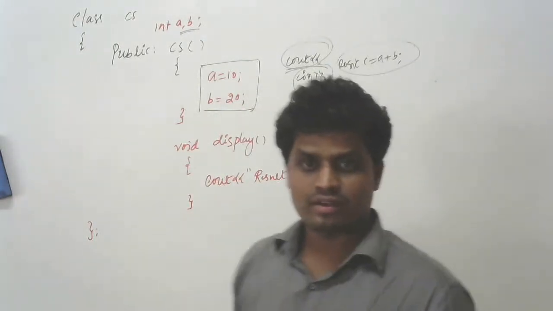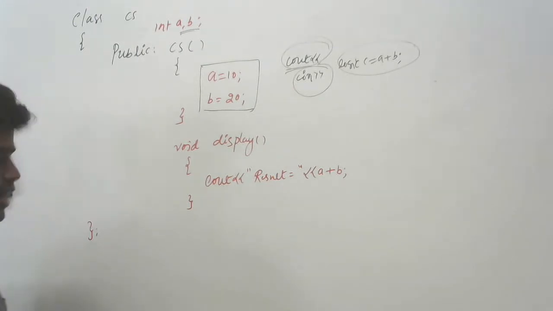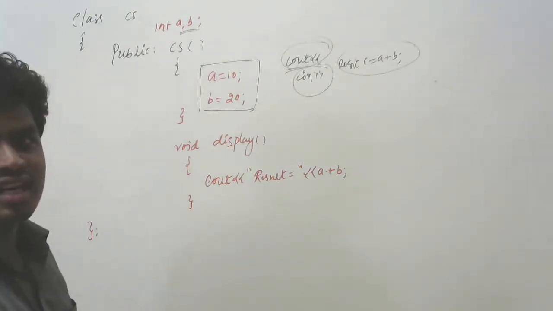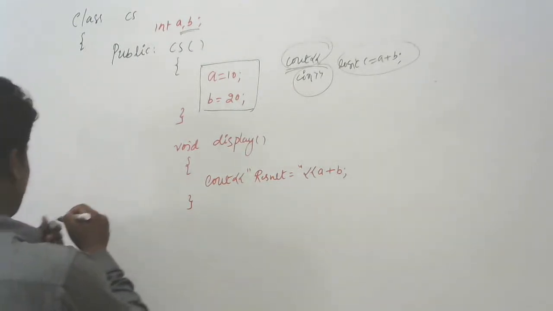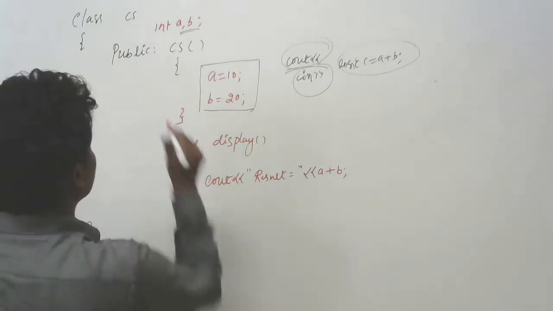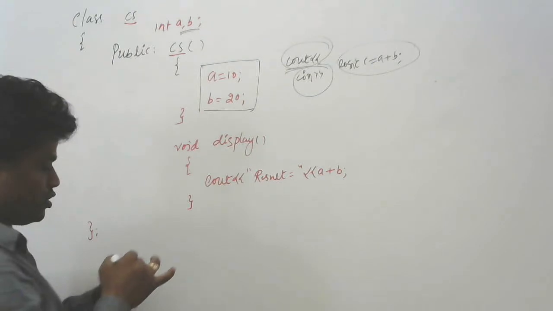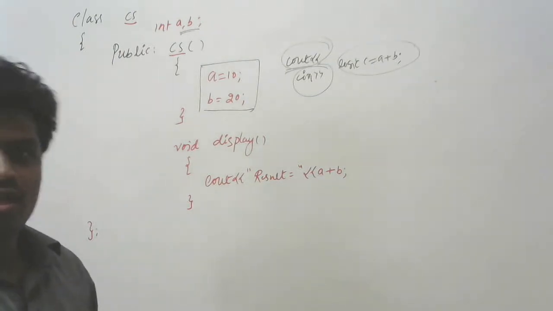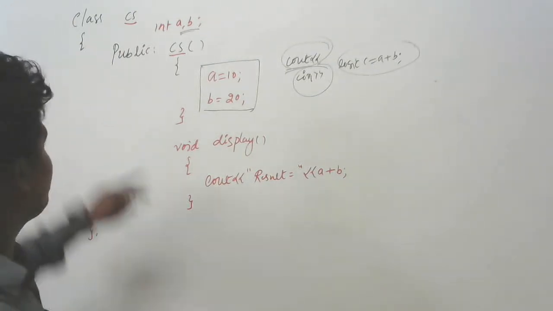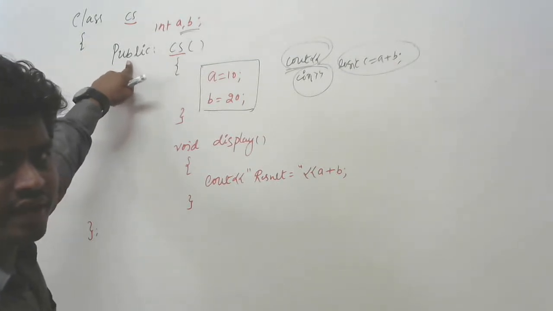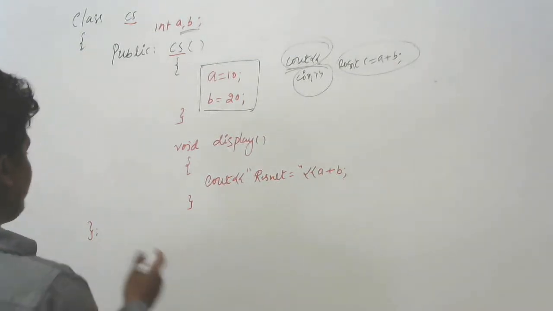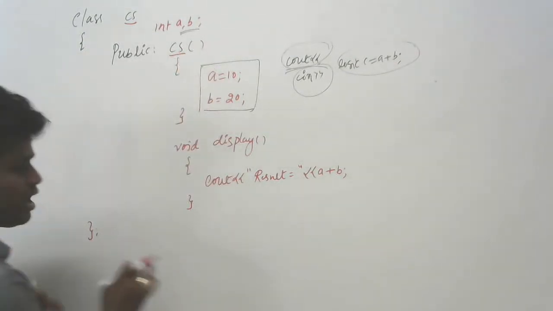Okay, first point we have met. Second point, the name of the constructor and the class name are supposed to be the same. Check here, CS is the function name, class name also CS, so second point we have matched. Third point, it should be declared inside the public. Yes, we have defined, and it can be defined within the class as well as outside the class.